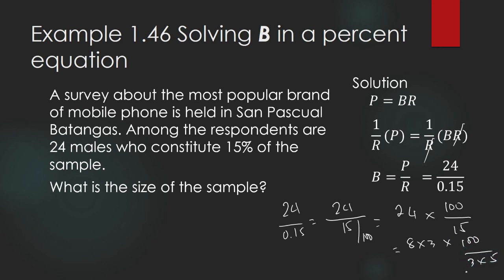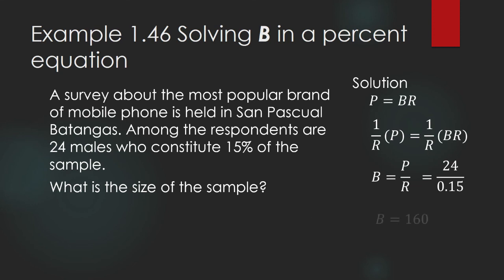We divide the common factor. 3 divided by 3 is 1. So 100 divided by 5 is 20. And so we are left here with 8 times 20, and you know that it is equal to 160.